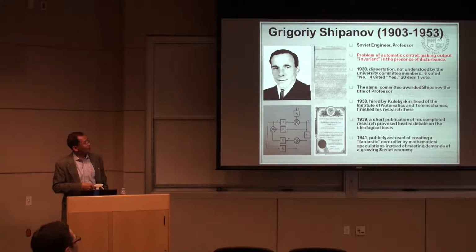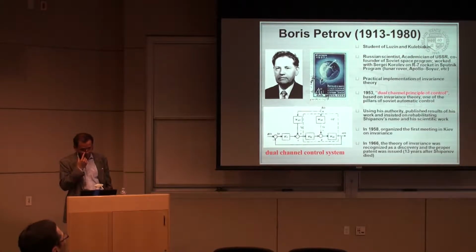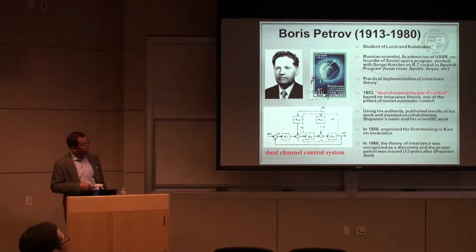So anyway, he gave the name principle of invariance to Poncelet, but he didn't go all the way because of the circumstances. The person who went further was Boris Petrov.